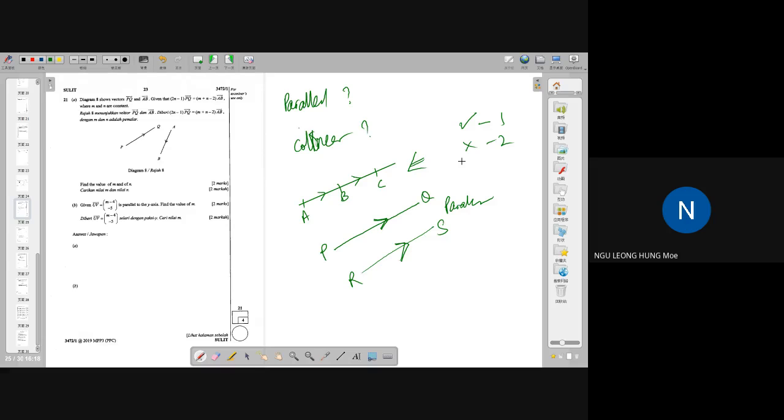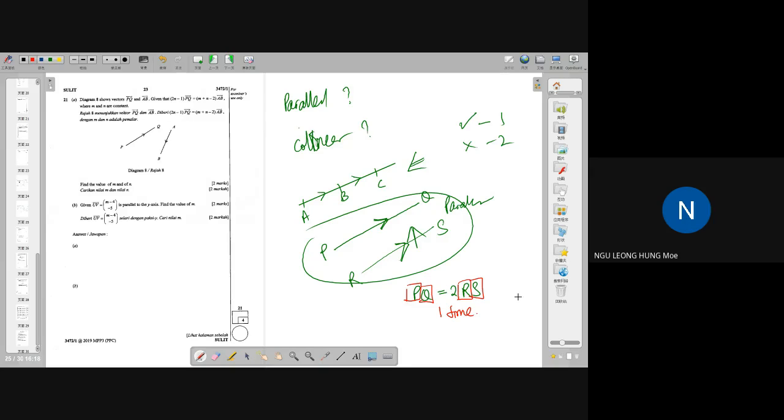Okay. So what is the way of writing parallel and also collinear? It's like this, you see. If parallel, like this case, they will write PQ equal to, let's say, 2RX, in this way. You see, P, Q, R, and X only appear one time.